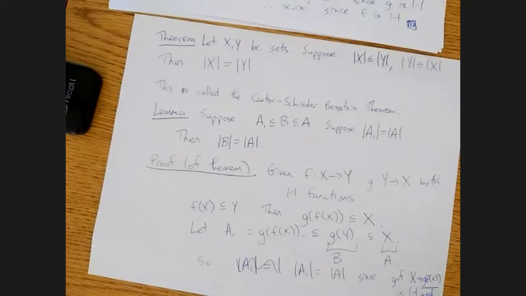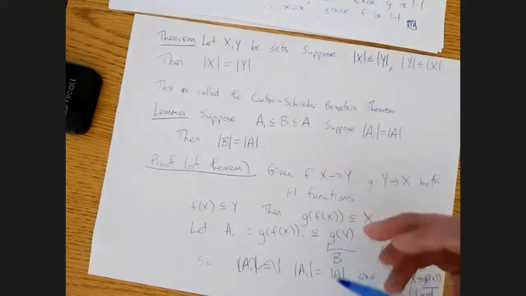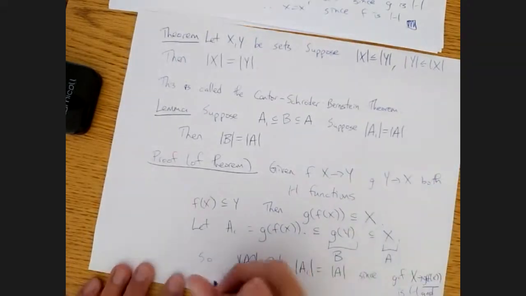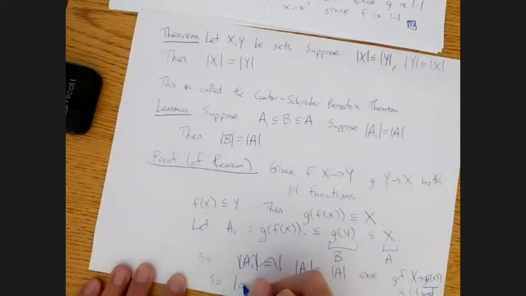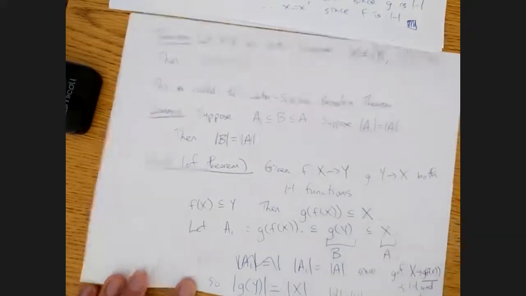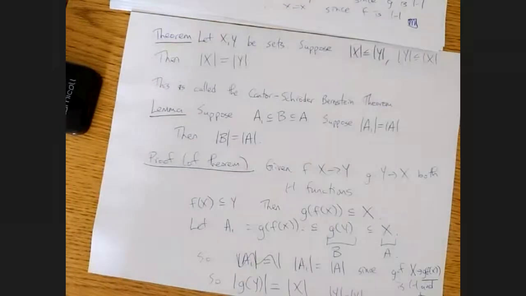We've constructed it to be onto by definition. Okay, so now x and g of f of x have the same cardinality, and in between you have this set g of y. So by our lemma, the cardinality of g of y would be equal to the cardinality of x. And the cardinality of g of y is just the cardinality of y. So the cardinalities of y and x are the same. Okay.